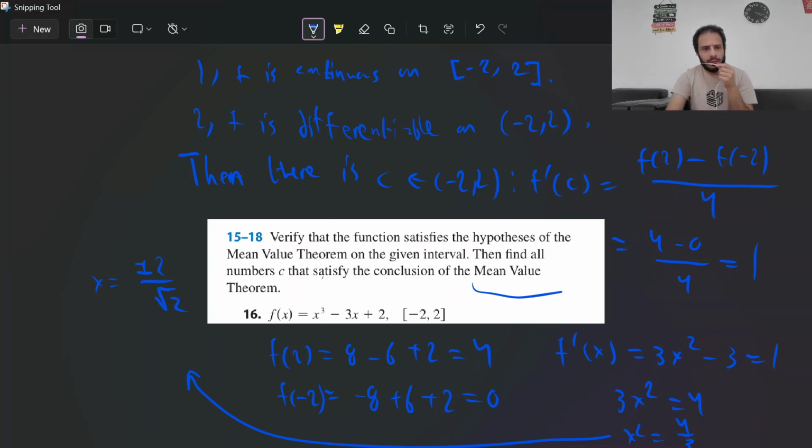Which solution will I take? I need to check them using a calculator, right? So one of them is positive. Let's take the negative one first, and the other is the positive one.